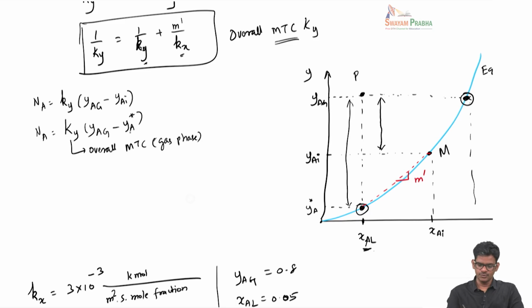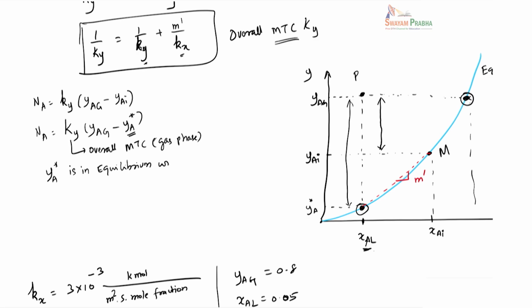The advantage of using YA star as a driving force is that, since we know the equilibrium line, we can calculate YA star, which is in equilibrium with XAL, which is right here.